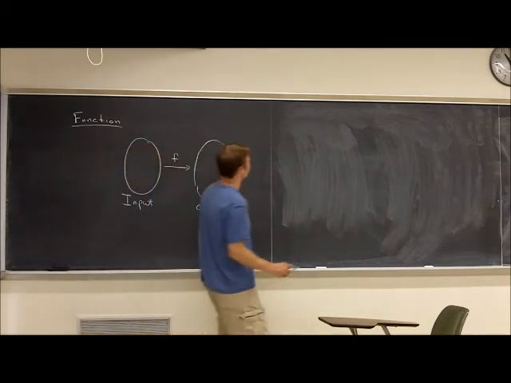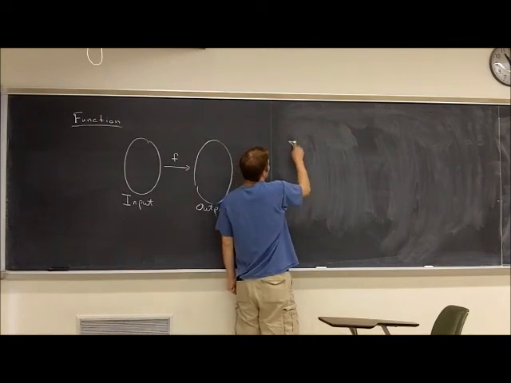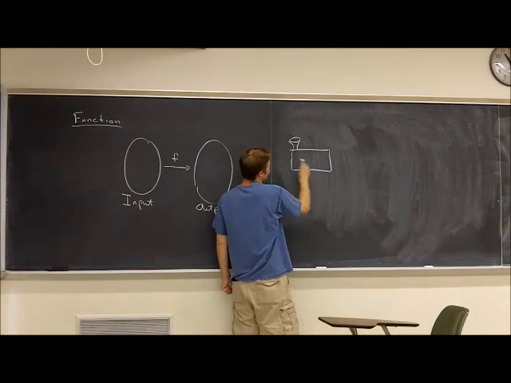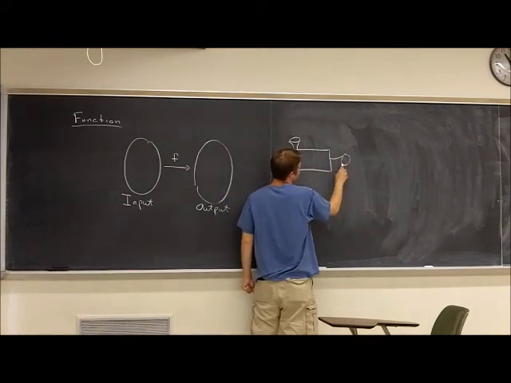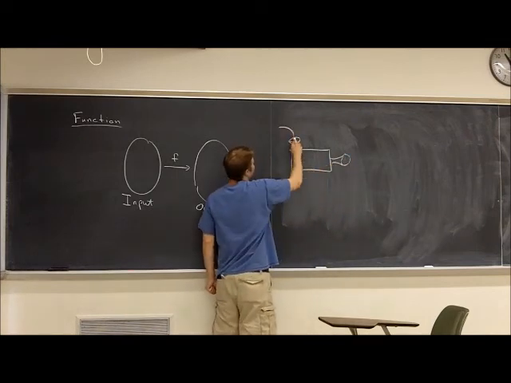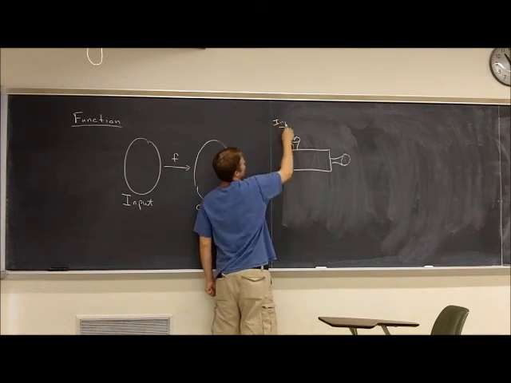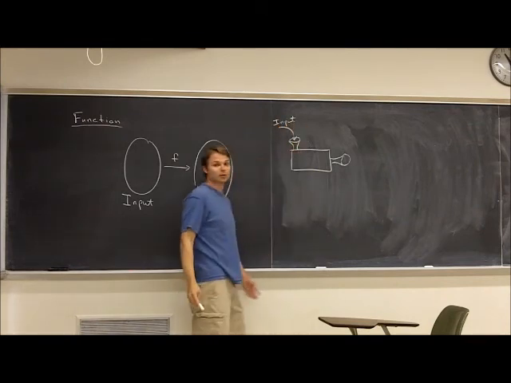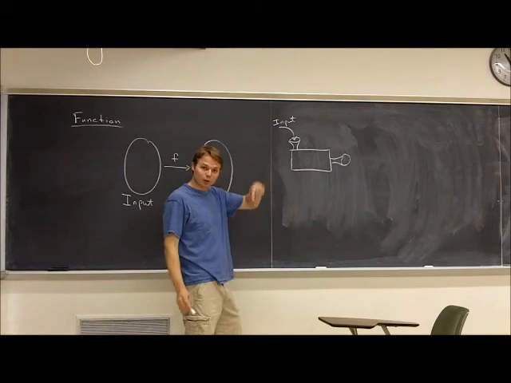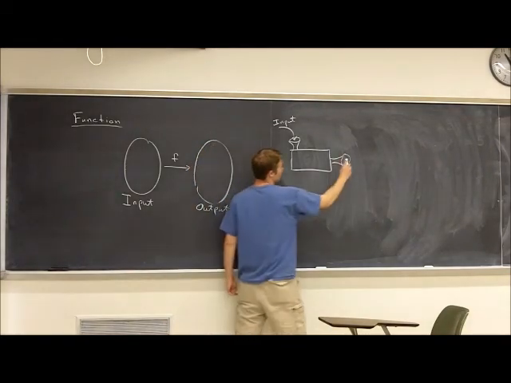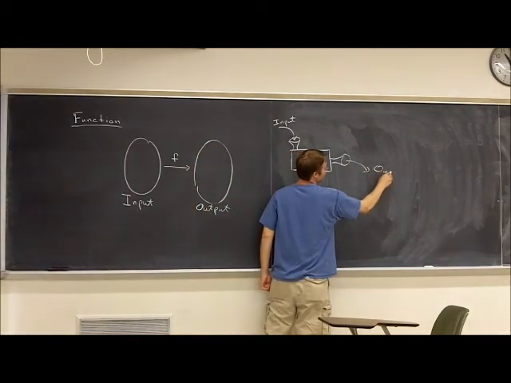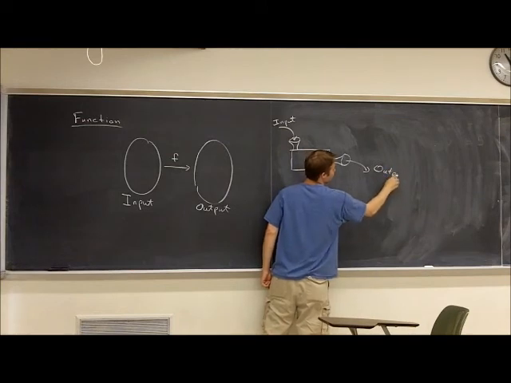So the way that we kind of teach functions to kids is that we think of a function as kind of this machine. This machine, you can put in an input, for example, a number, and for every one input you put in, you're going to get exactly one output.